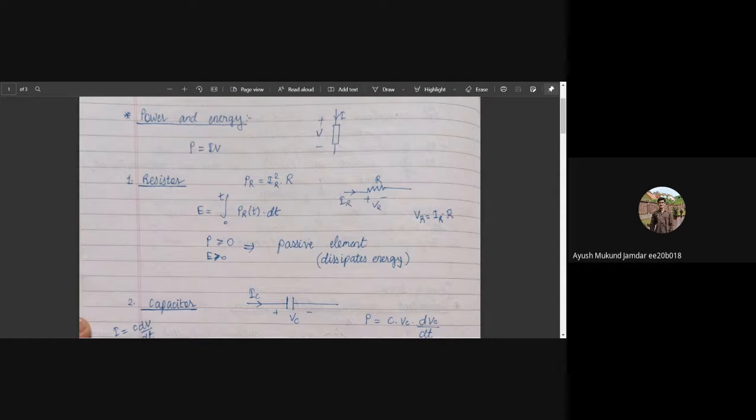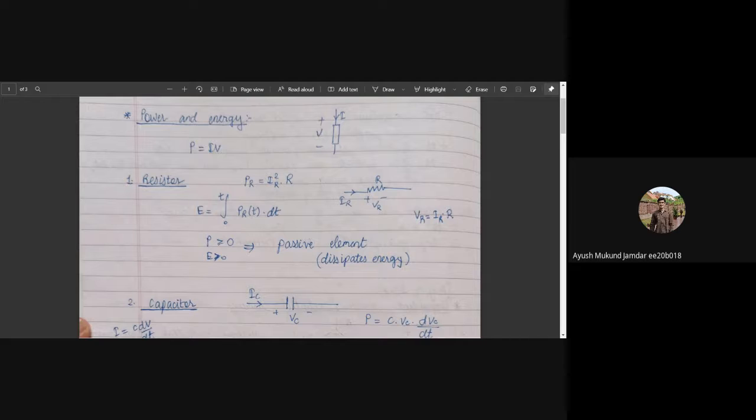In the diagram, you will see IR and VR have been directed. When IR goes through the resistor, we all know that there is going to be a potential drop. The sign convention aligns with the fact that there is a voltage drop of VR across the resistor R when IR current goes through it, and it follows VR = IR times R.